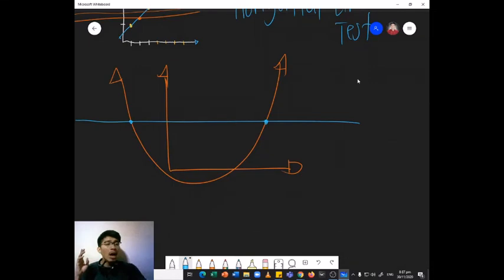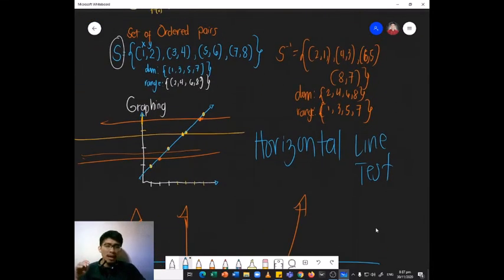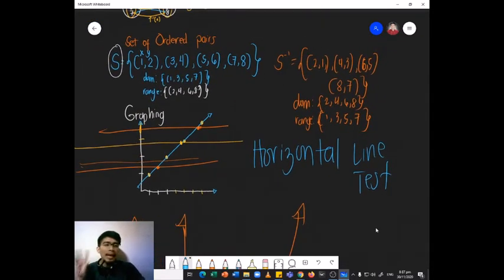So that's how you are going to identify if the certain graph has an inverse or doesn't have an inverse, using the horizontal line test. I do hope that you will remember how this representation is identified if it has an inverse or it doesn't.